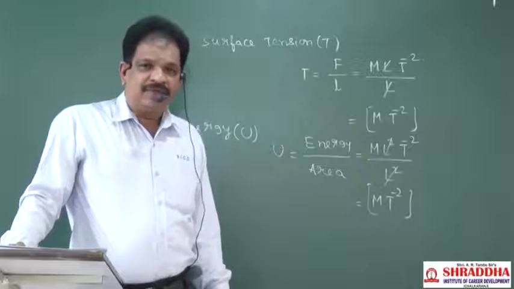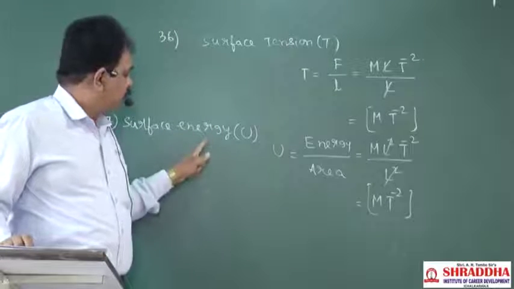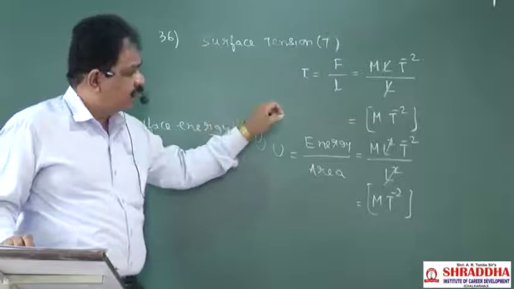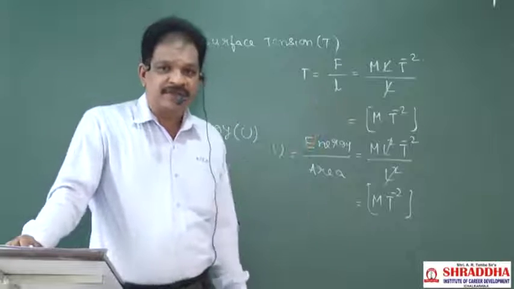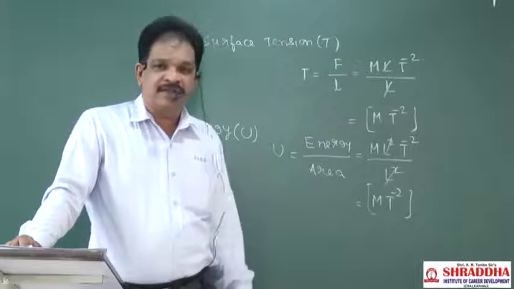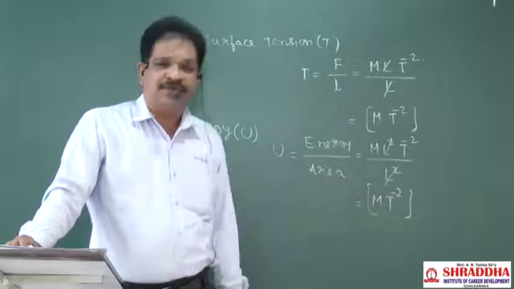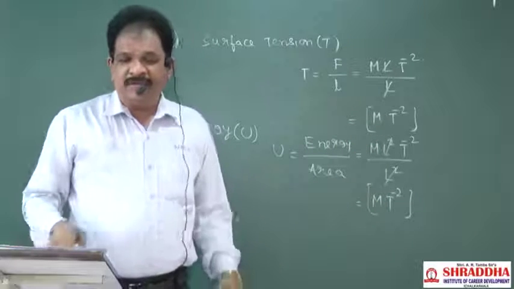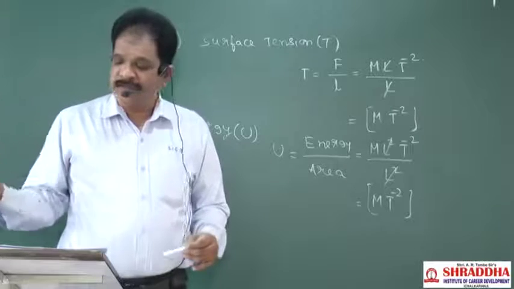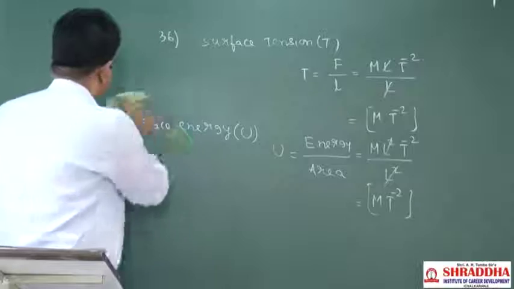In the same manner: what is the dimension of length in surface tension? What is the dimension of length in surface energy? There is no L here, so L power 0 will be there, meaning the power will be 0. Clear? You can expect this type of question from this.